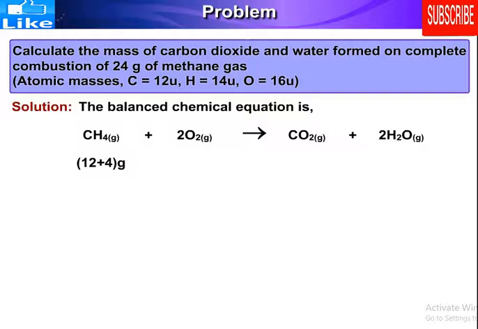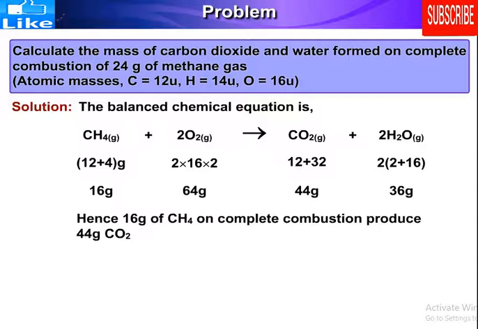12 plus 4 grams, 2 multiplied by 16, 12 plus 32, 2 multiplied by (2 plus 16): 16 grams of CH4, 64 grams of 2O2, 44 grams of CO2, 36 grams of 2H2O.